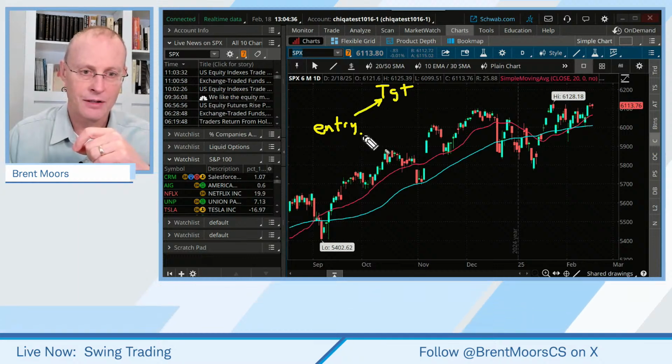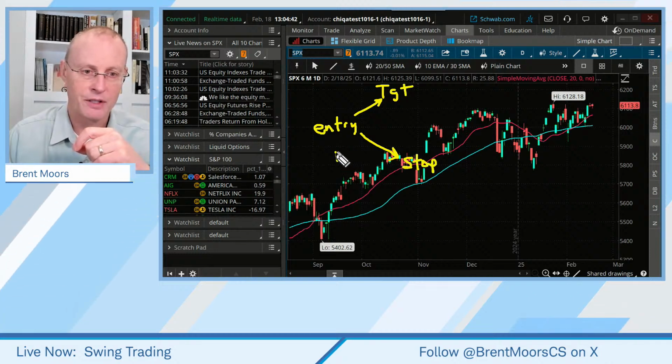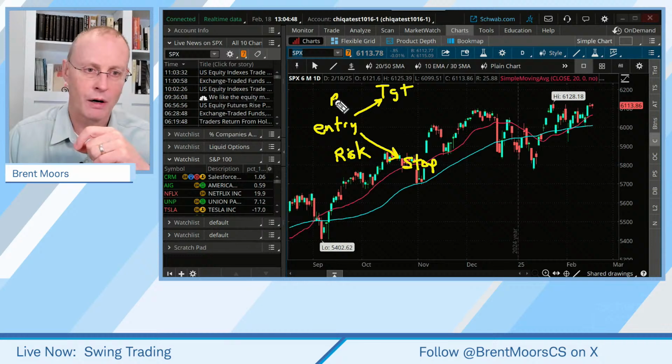And between our entry price and our stop order, there's a certain difference between those two. This represents our anticipated risk. This represents our anticipated reward. Generally, traders like to see rewards greater than risks.